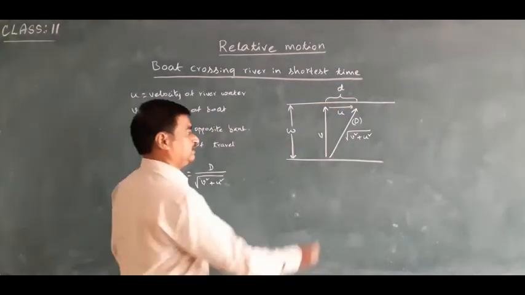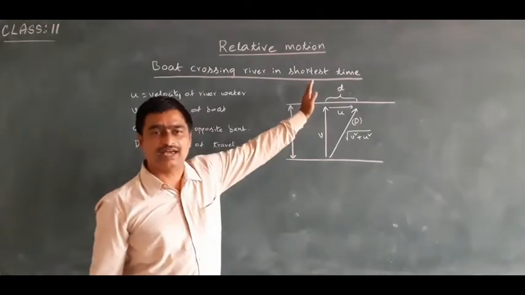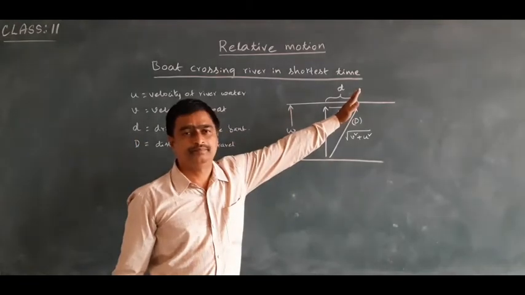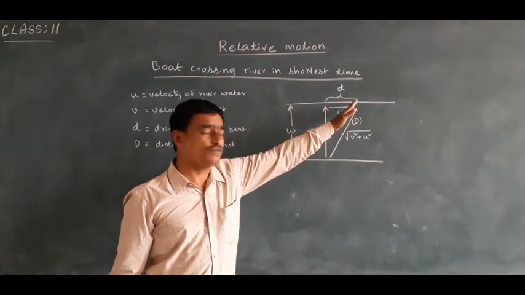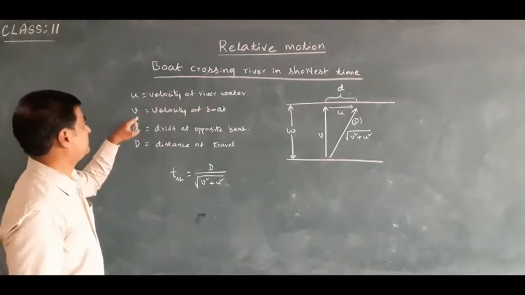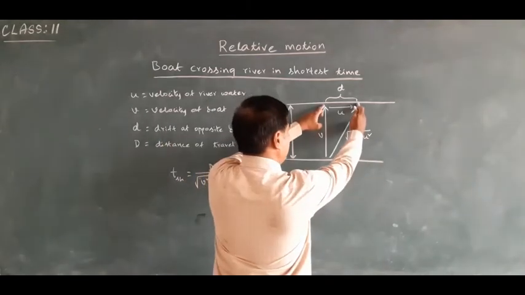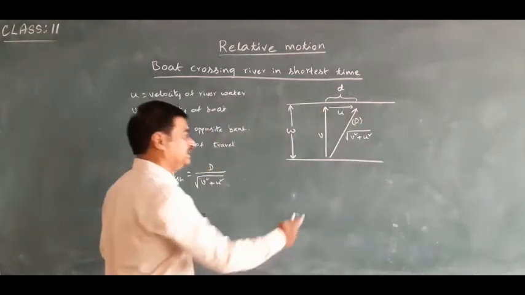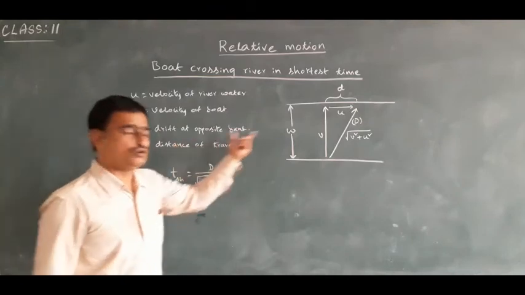In doing so, it reaches the opposite bank, but there is some travel along the direction of water flow. u is the velocity of river water, v is the velocity of the boat, and d is the drift on the other side of the bank. This distance is the actual distance it is going to travel.